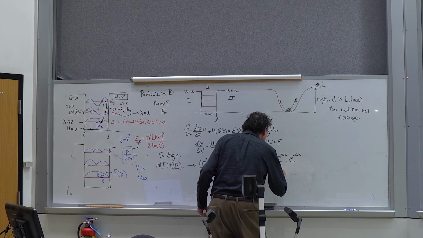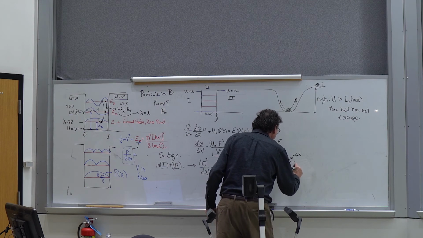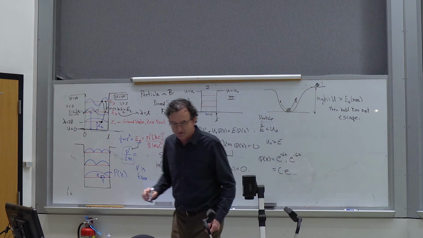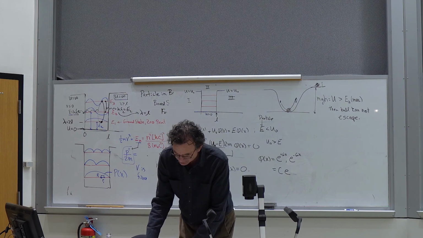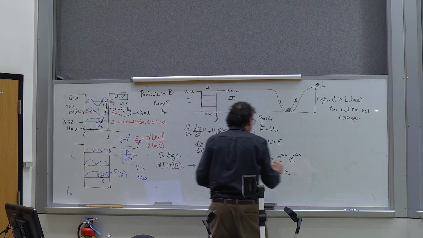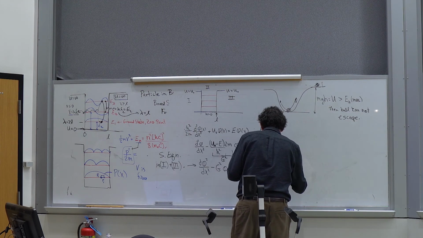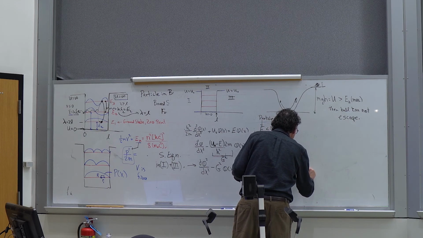And the most general solution will be any linear combination of the two, which will be, in this case, C e to the gx plus D times e to the minus gx.